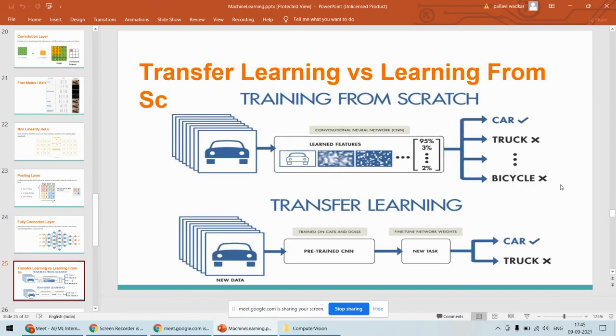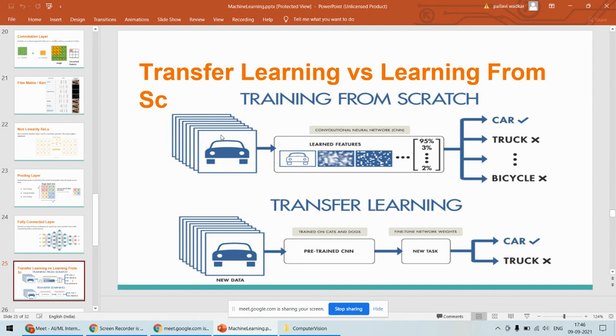Now, as far as the learning is concerned, there are two important approaches. Number one is training from the scratch, and number two is transfer learning. Now, in case of training from the scratch, we'll have a data set of so many images. Let's say we need to identify a car, truck, bicycle, so many things. So, a number of vehicles we need to identify.